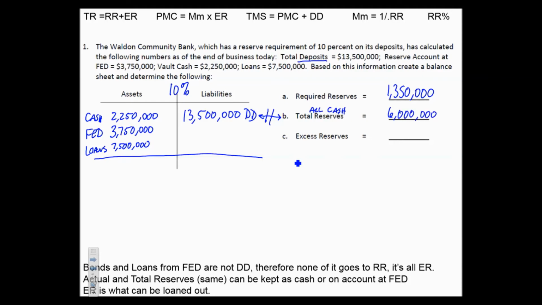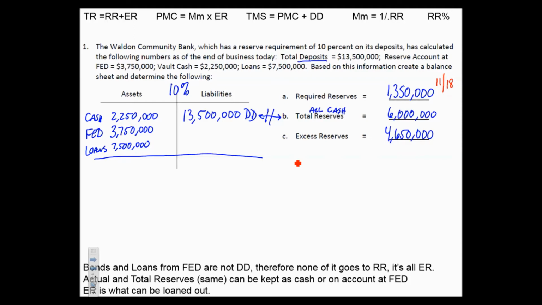Okay? And that means its excess reserves is the difference between these. So 4,650,000. Okay? Wait, so the total reserves, you don't do the total deposit at all? Let's pretend that these numbers here are all from today.